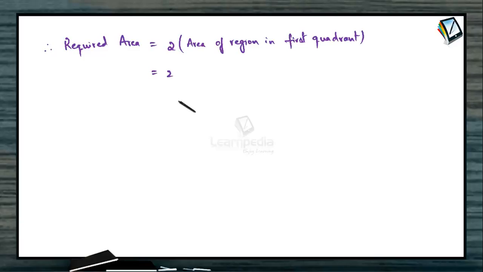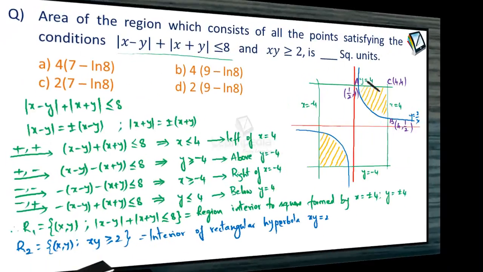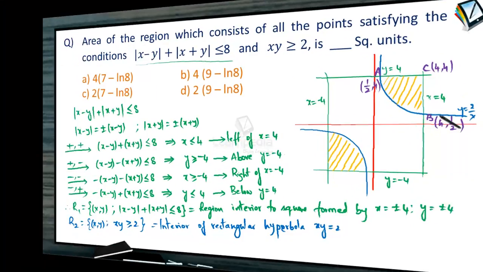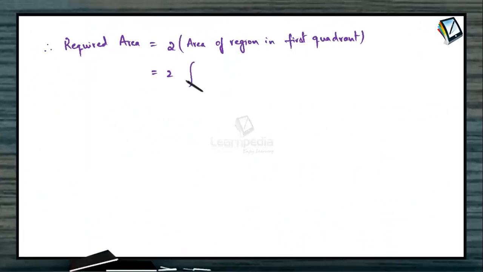Now, how is the area bounded in the first quadrant? That is the area bounded by the lines y equal to 4, x equal to 4 and the curve y equal to 2 by x. So that would be the integral from half to 4. The line y equal to 4 is above the curve. Therefore, it is the integral of 4 minus 2 by x dx, which is 2 times (4x minus 2 ln x) evaluated between half and 4.